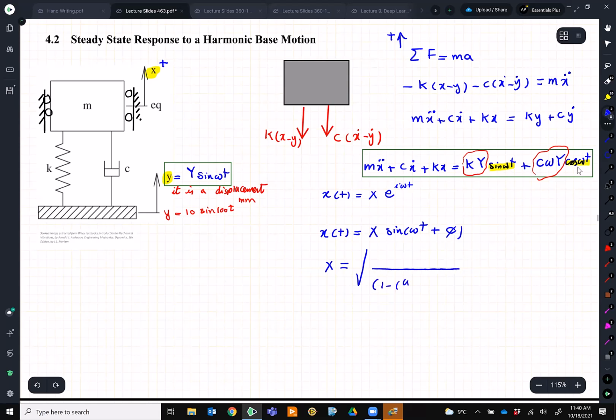1 minus omega over omega n squared, 2 zeta omega over omega n squared. Very similar to what we had before, except on the numerator we have 2 zeta omega over omega n squared. These equations, of course, for your exam, you don't need to memorize them.